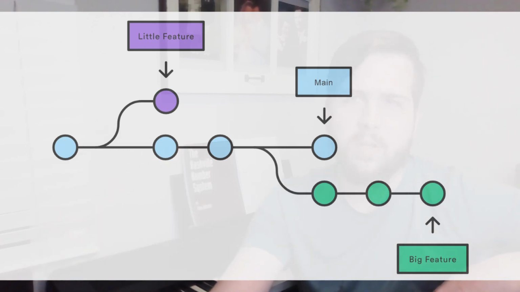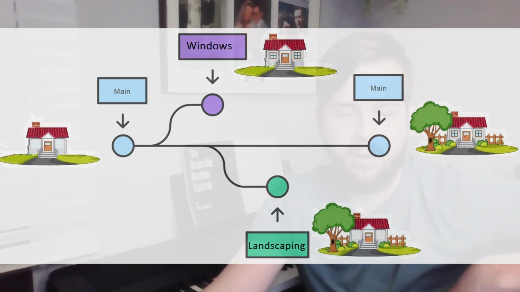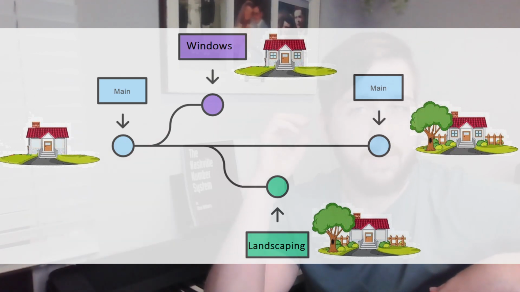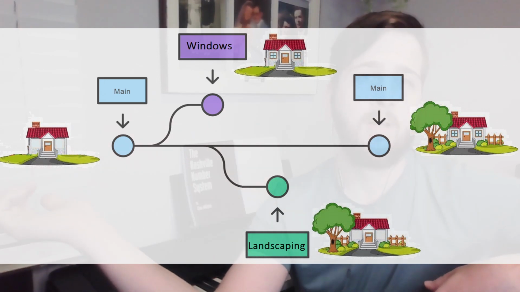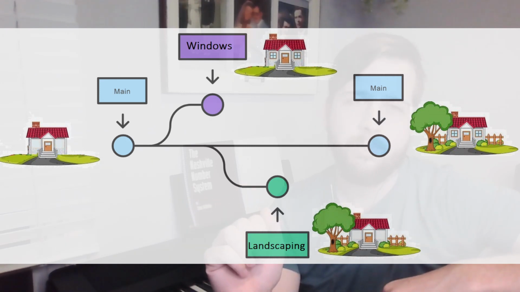And so here I have a visual illustration of what might be happening. Let's say our main branch already has some work done on it. We have a house, but the house has no windows and it's missing some landscaping. So we can go ahead and create a feature branch to add the windows, and then we'll write the code to add the windows.